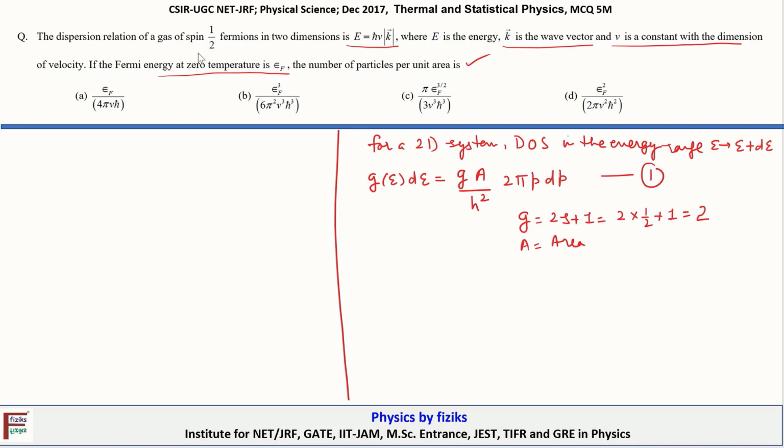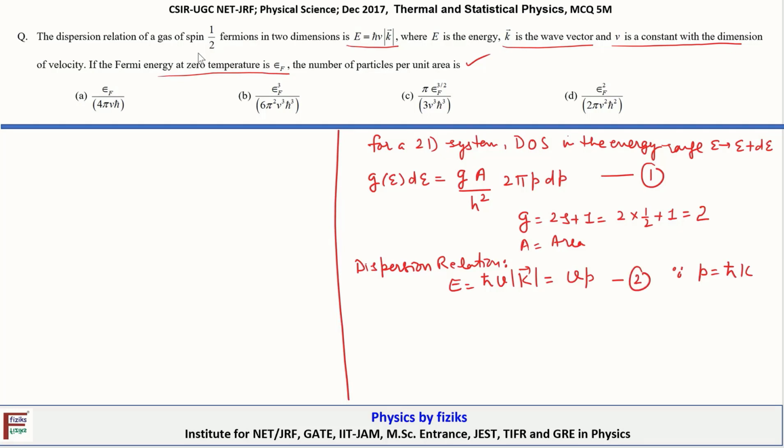The dispersion relation is given to us as E equals h cut v times mod of k. This can be rewritten as v times h cut k, which gives you p, that's the momentum, because p is equal to h cut k. Let's call this equation 2.